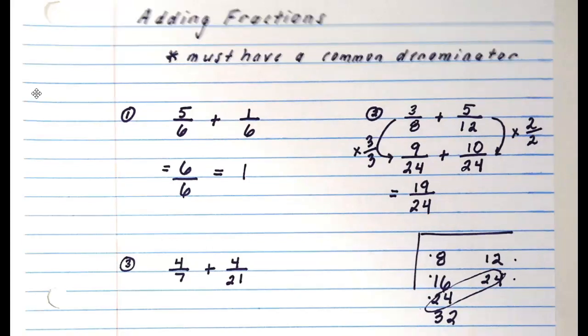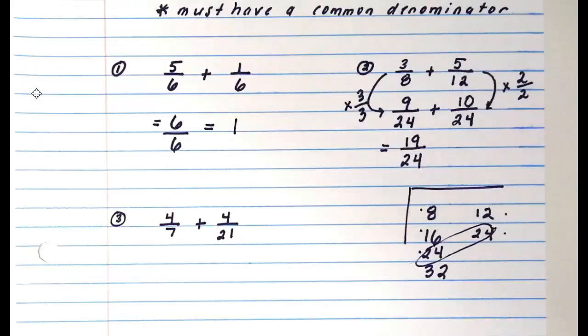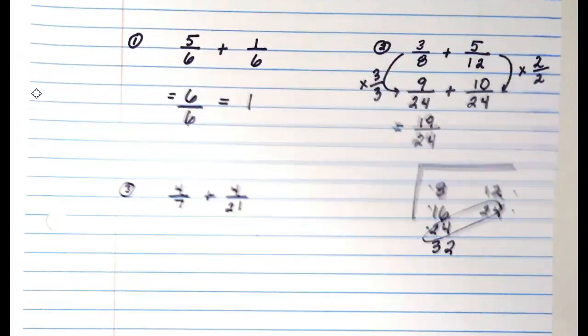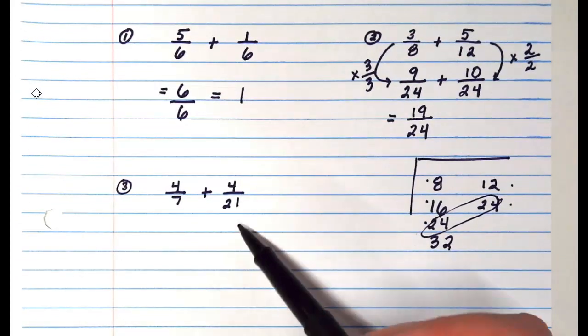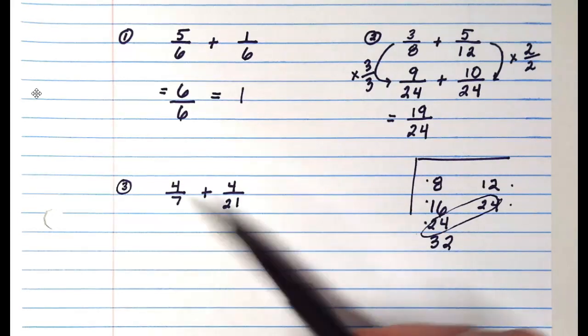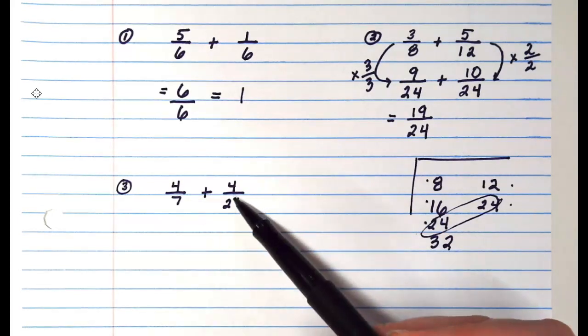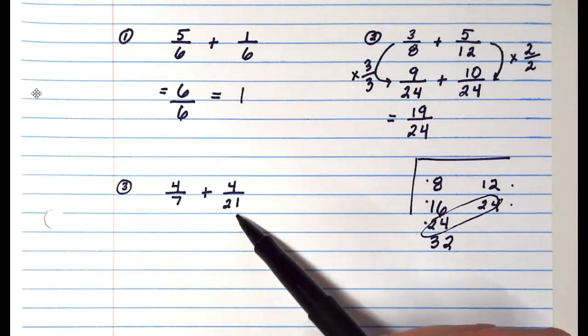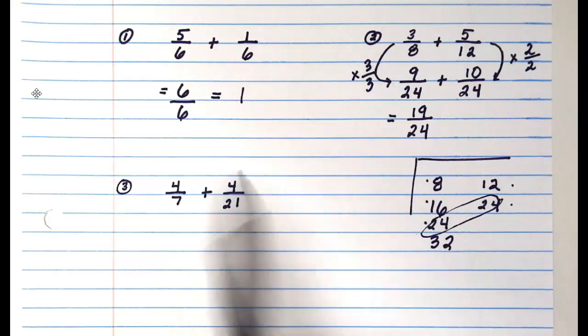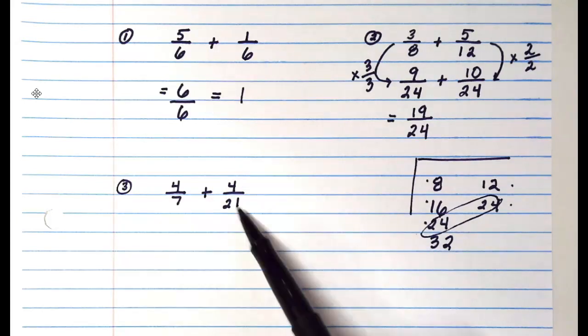Let's now check out the third scenario here. We have 4/7 plus 4/21. In this case, we have common numerators, but that really doesn't matter. Our goal is to get common denominators. So we have 7 and 21, which is not good right off the bat. So what we're going to do is look at multiples of 7 and multiples of 21.